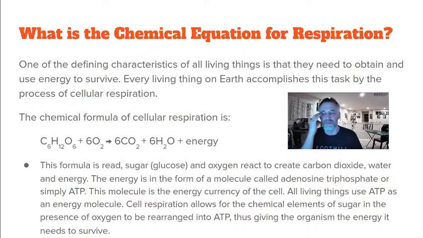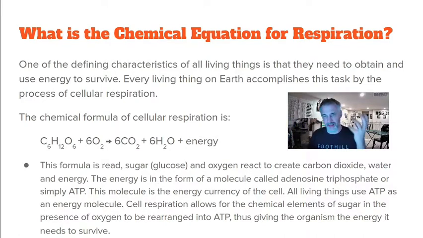If you remember a couple lessons ago, I mentioned you can think of ATP and glucose as energy molecules, and glucose would be a higher denomination molecule, like a $20 bill, and ATP would be smaller denominations, like $1 bills.